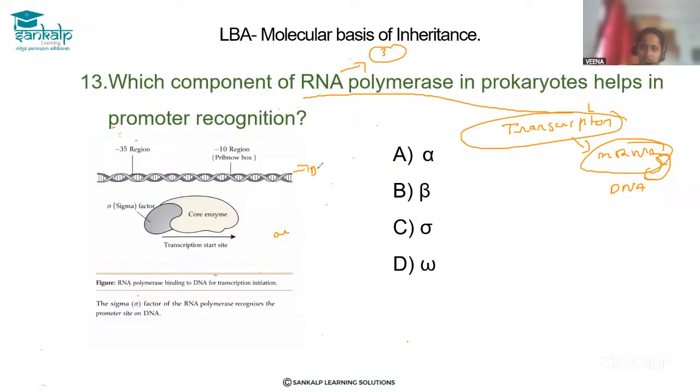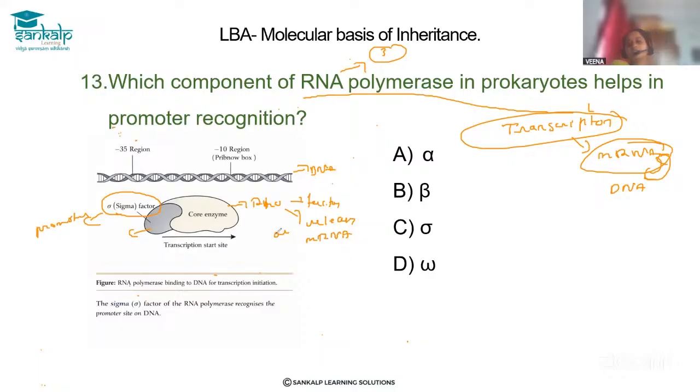So this is the prokaryotic DNA, right? So here it has to recognize the promoter region. So here RNA polymerase will be containing two factors. One is a sigma factor, another one is the rho factor. Okay, so both these factors help. So the sigma factor will help in recognition of the promoter region and the rho factor will help to release the mRNA.